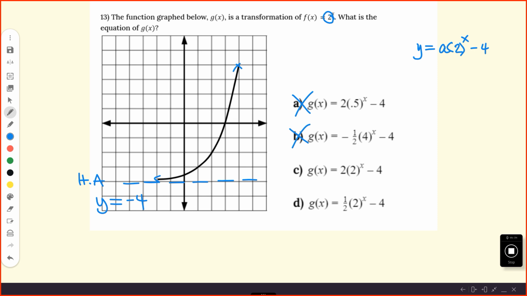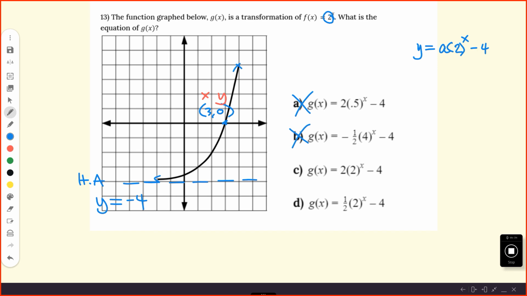And then what point are we going to use on the graph? Let's just use this point. So what is this? This is 3, 0. So this is our x and this is our y.